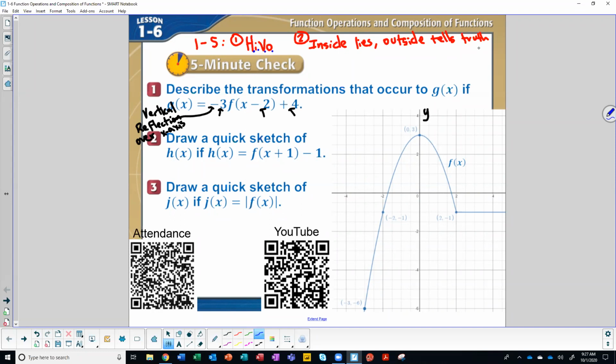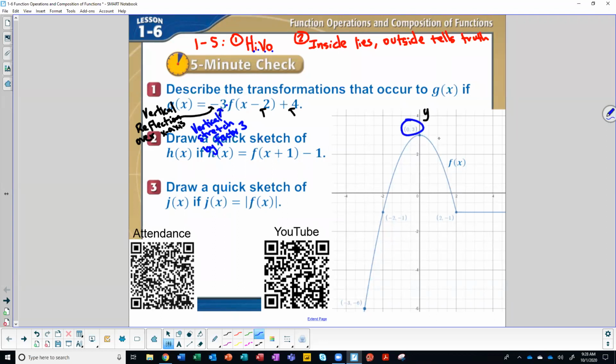And vertical, by the way, tells the truth, which means this 3 is multiplying. So all the vertical y values get multiplied by 3. Said another way, it's called a vertical stretch. And they're going to use the term by factor. That just means you multiply by factor 3. So that's a vertical stretch by a factor of 3. You just multiply all y values by 3.